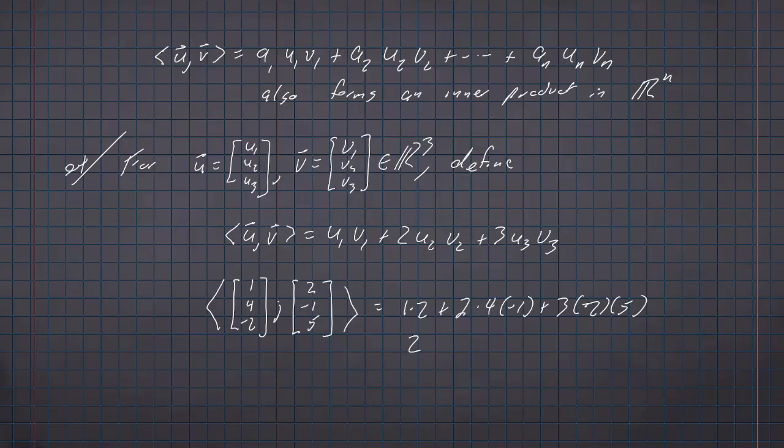So that's 2 minus 8 minus 30, or -36. But with this inner product, we can still look at the properties and make sure that it actually holds.